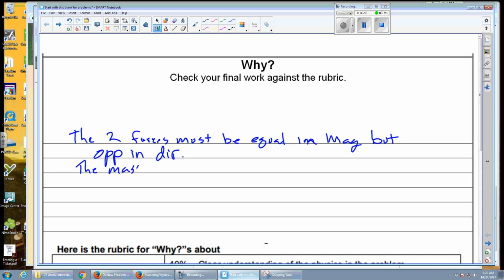The masses attract each other through a gravitational force.